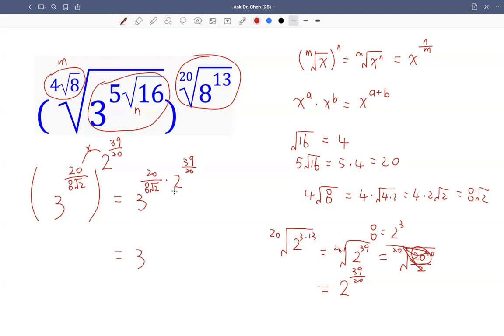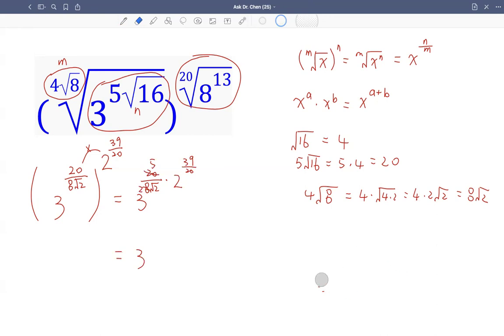Okay, now let's simplify. So 3 raised by, let's simplify 20. So first we can divide by 4. So we get 5, and 4 divided by 4 gets 2. So 5 over 2 radical 2. So the exponent will have 5 over 2 radical 2.